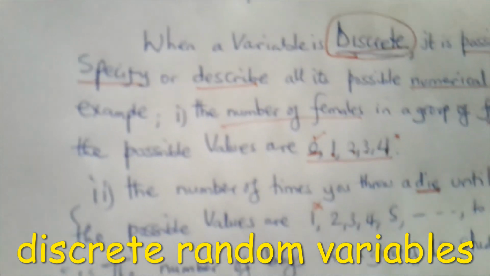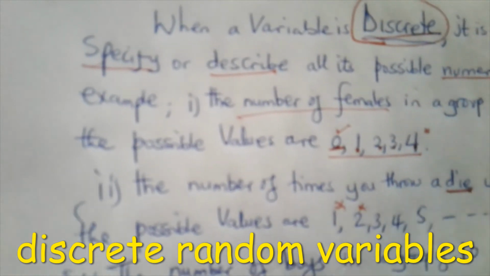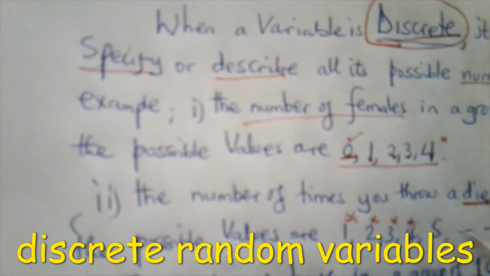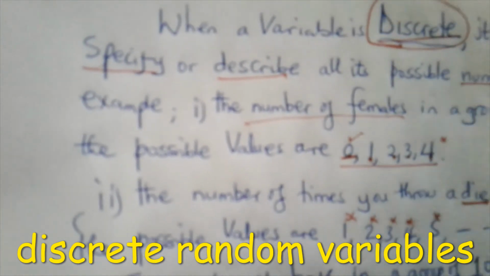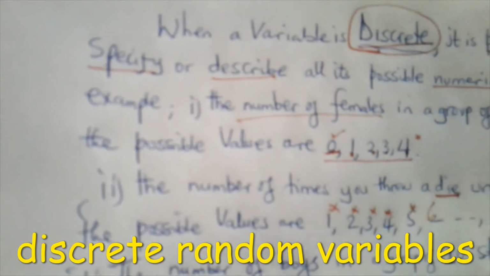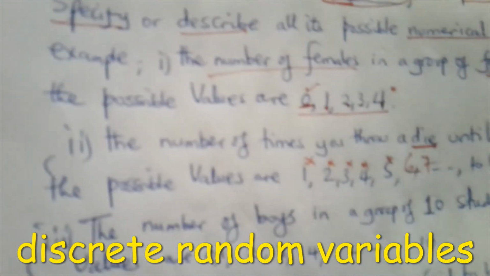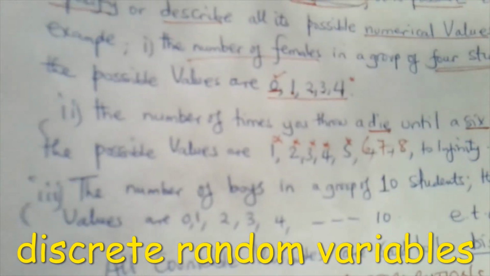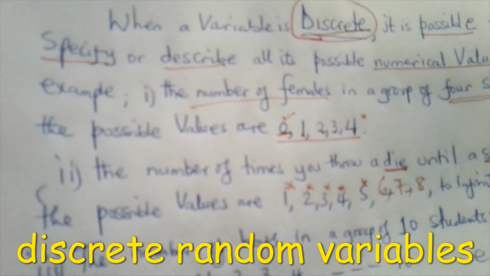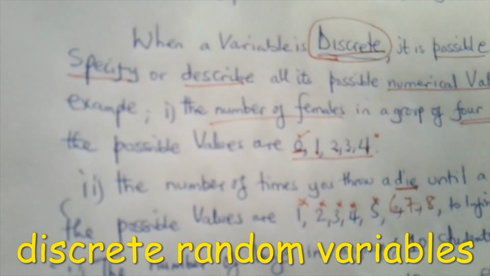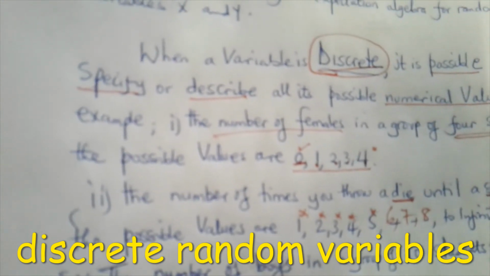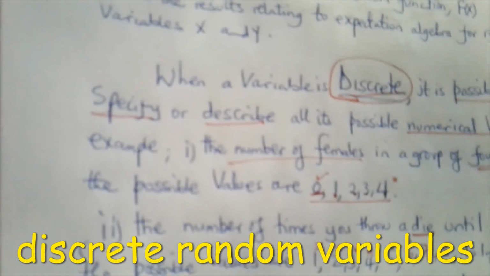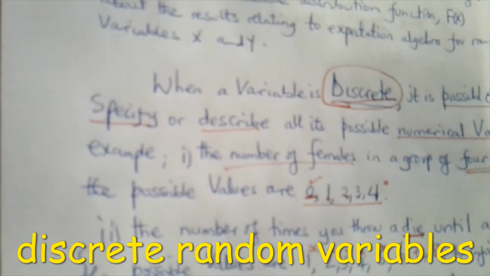It can appear once, 2 times, 3 times, 4 times, 5 times, 6 times, 7 times, 8 times, up to infinity, meaning that you can count continuously and you don't have fractions, because the number of 6s appearing on top is in a discrete manner, or they are countable.